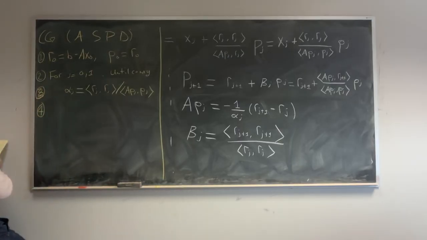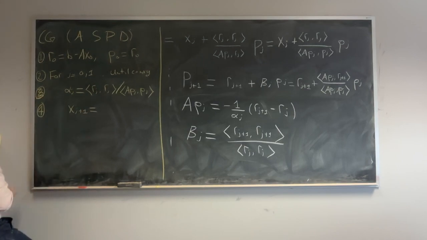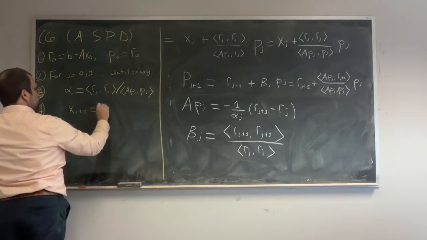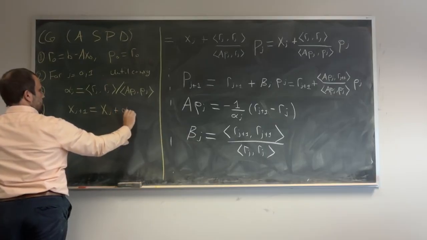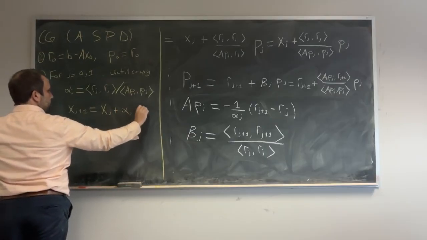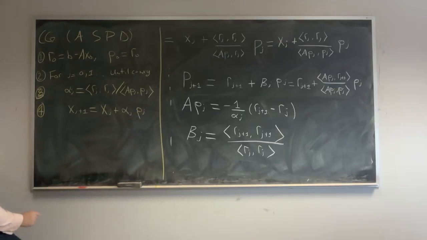Okay. 4. We're going to say x_{j+1} is going to be equal to x_j plus alpha_j P_j. So we computed P_j. Remember, we computed P_j in the previous step. We're going to compute P_{j+1} in this step.